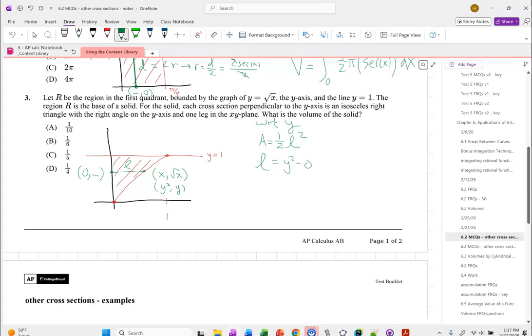Is that okay? And I think we're ready to set up our integral. So the volume should be the integral of 1/2 y squared squared dy. And because we're integrating with respect to y, we start slicing at y equals 0 and end slicing at y equals 1, right?